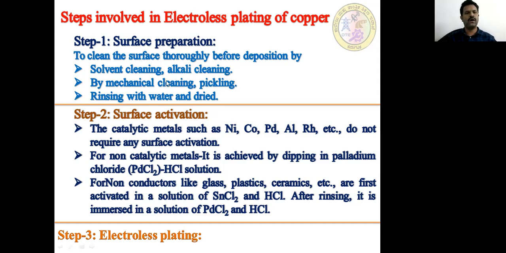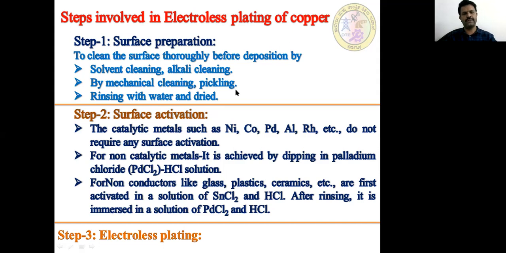And also we can use mechanical cleaning to remove any oxides if present on the surface. The dipping of that substrate in dilute acid solutions is called the pickling process. And after this process, finally that substrate must be rinsed with distilled water to remove any residual acid present on the surface of the substrate.